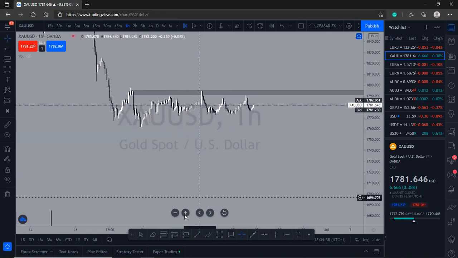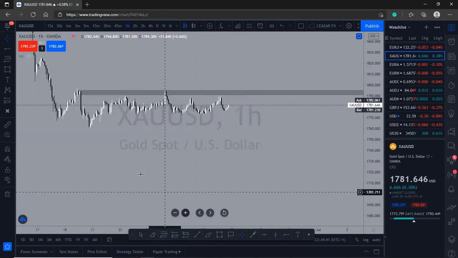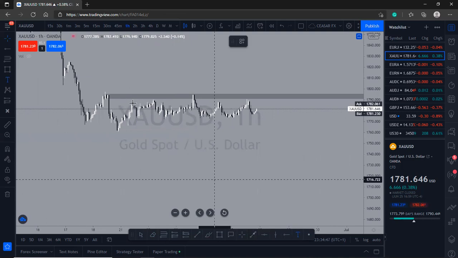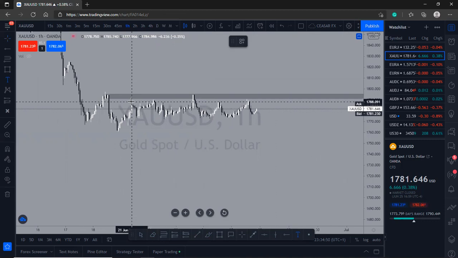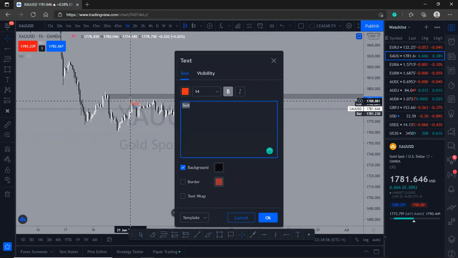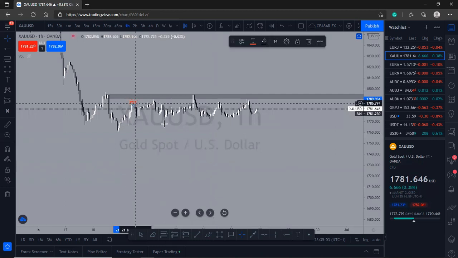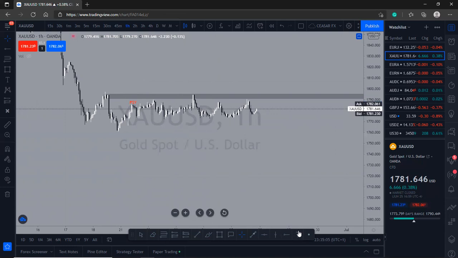Let me try to mark it up. Here I see the terminal supply, which is the PSY, up there. I also see buying climax somewhere here.